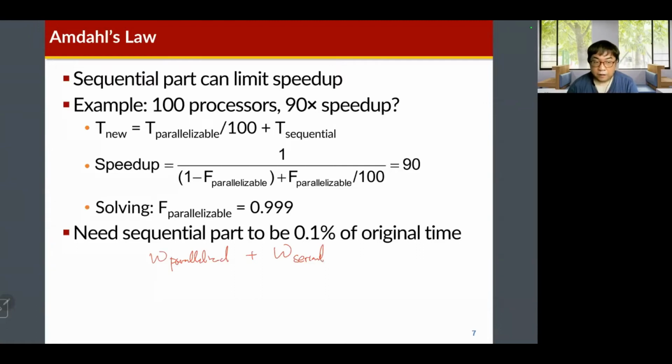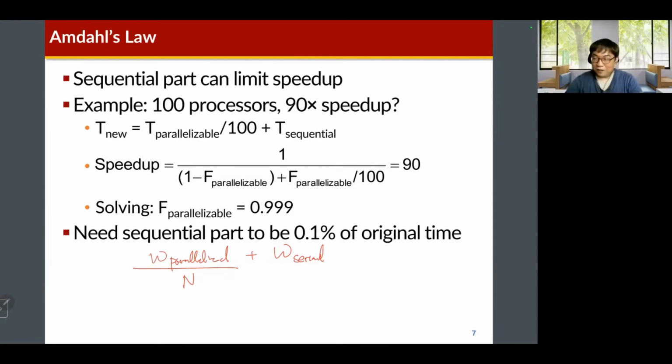And then if we apply multi-core architecture, the execution time of this parallelizable part can be reduced by n if we apply an n-core architecture, right?